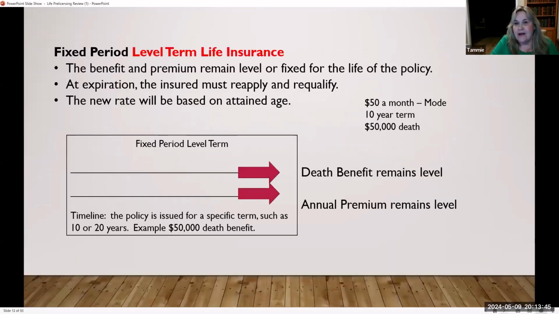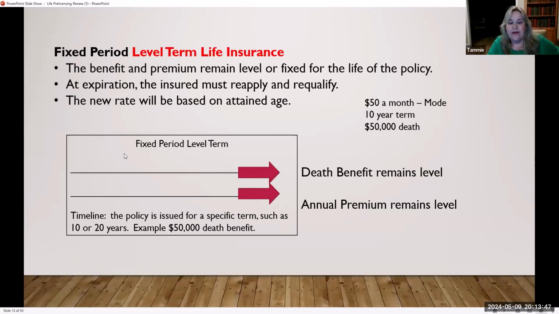So when it's called a level term policy, that means that for 10 years, this face amount will not go up, this face amount will not go down, and the premium will stay the same, which is $50 a month. Okay, so keep that in mind because a lot of times your state test will ask how a level term will be with the premium and with the face amount. So when it comes to a level term, the face amount doesn't change, neither does that premium.